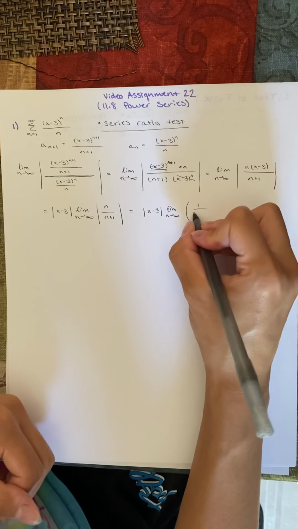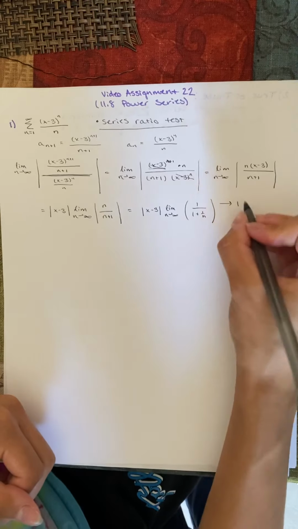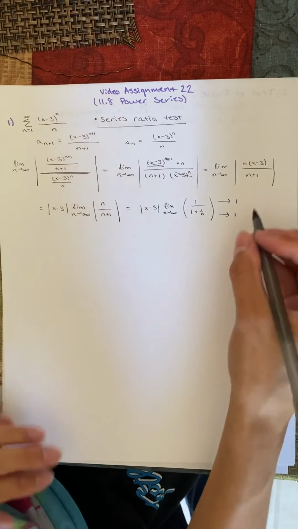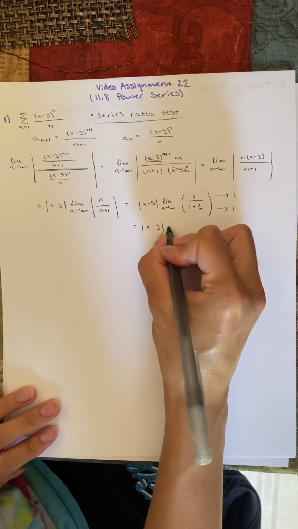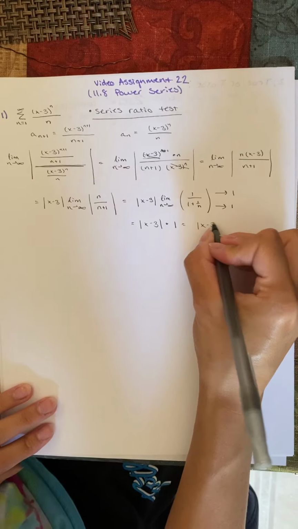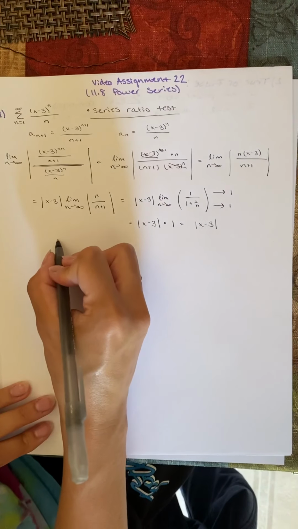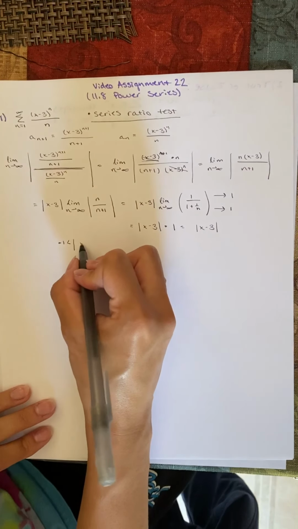And after we get that in front and continue to simplify, we get those n's out of there, and we can see on top that's going to go towards 1 and on bottom that's going to go towards 1. And so then that's going to leave us with our absolute value of x minus 3, and then we can use this to find our convergence interval.